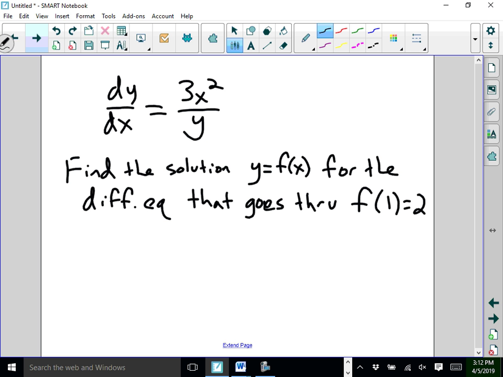The problem is we have both x's and y's in here. So we have to figure out a new method for doing this. We also have a point, f of 1 equals 2. To solve these things, we're going to go through, I think, a 5-step process. So step 1, we want to separate.